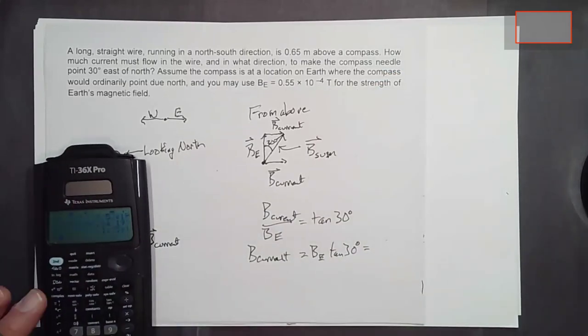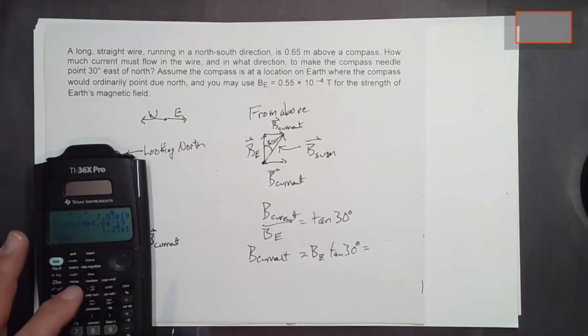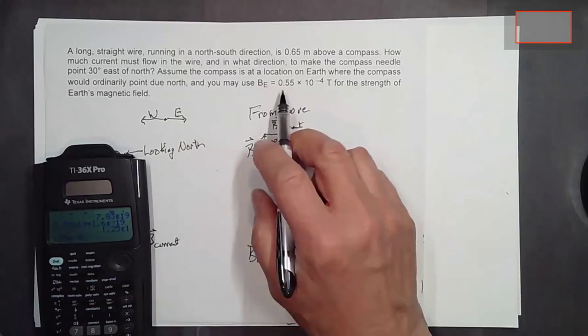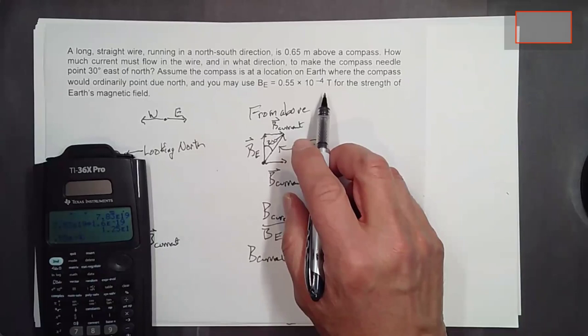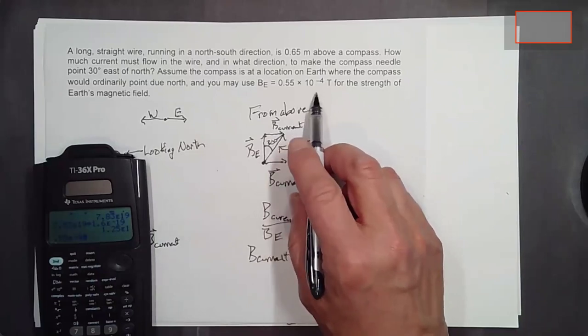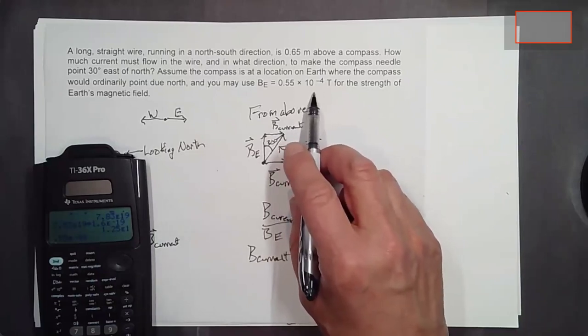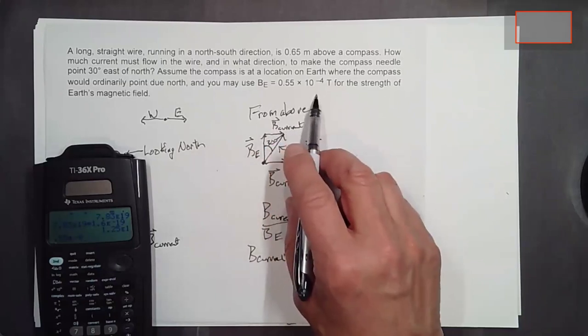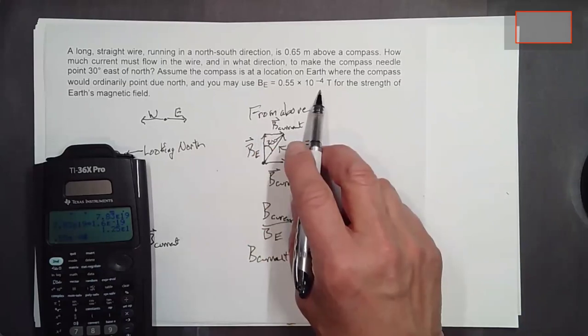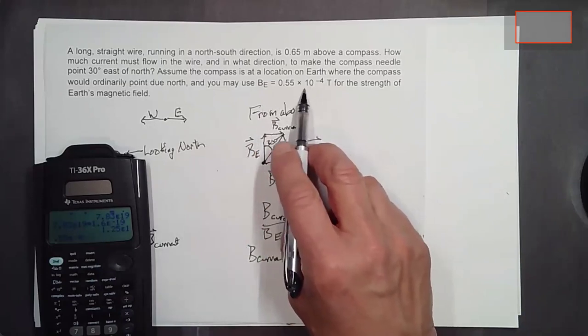So 0.55 E minus 4. They probably wrote it this way because 10 to the minus 4th Tesla is a unit of magnetic field strength called a Gauss. That's often the way the Earth's magnetic field is expressed, in Gauss, because it's around 1 Gauss at most, or a small fraction of it.